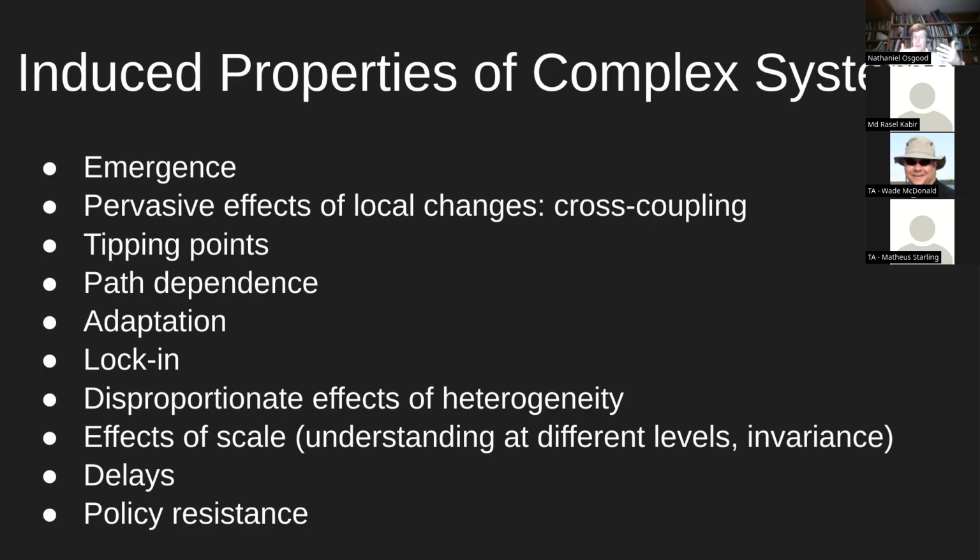Yes, it involves all of those, but it's a complex interaction of all of those and typically nonlinear. There's cross-coupling, changes in one place and another. There are tipping points where the system can exhibit markedly different behavior.